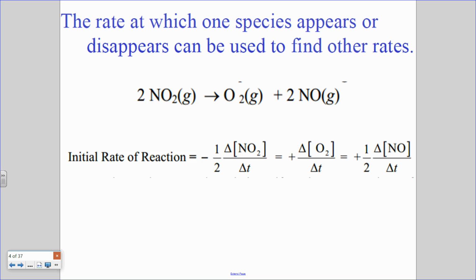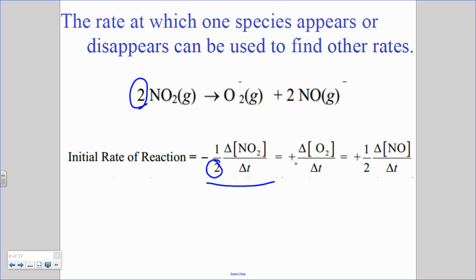In order to express that, the rate of reaction equals 1/2 times the change in concentration of T. You notice this little number right here is the coefficient. That equals the change in concentration of oxygen divided by the change in time. You do have a coefficient here.